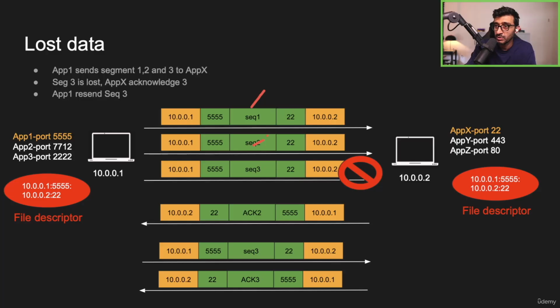So we got sequence 1 and sequence 2. In that case, we only acknowledge 2, which acknowledges 2 and 1. But this tells the client: what about 3? I sent you 3. Well, I don't know, I just got 2. That's what it means. So the client will send 3 again, and that's what is called retransmission. Interesting stuff. And all of this, don't worry about it, it's all taken care of by the kernel.